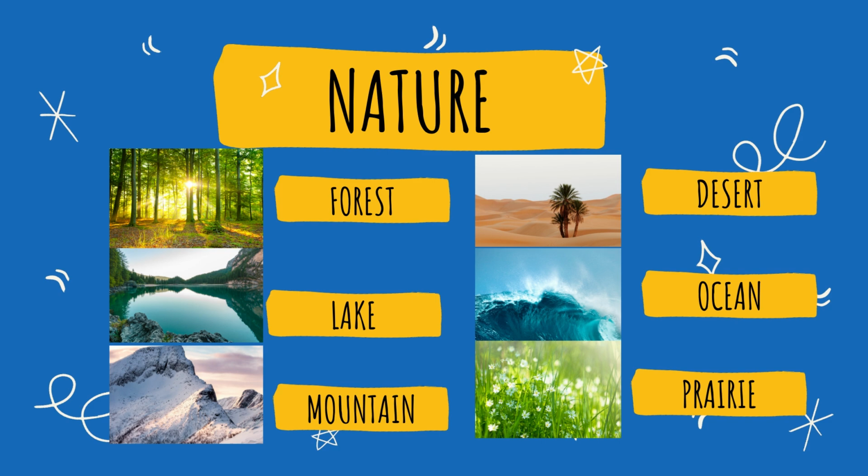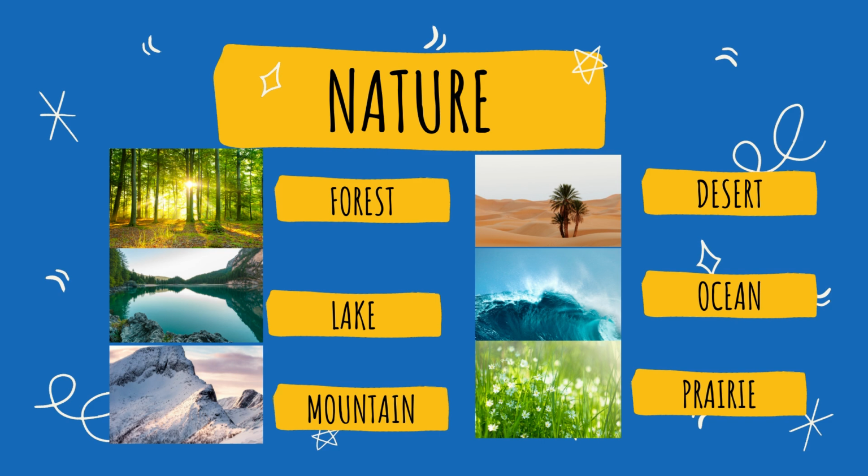A desert. A desert is barren. It does have some plants. The plants don't need much water because it doesn't rain much in the desert. Oceans. Oceans are those big, huge bodies of water, salt water, that are in between the various continents, and you can see them on a map.